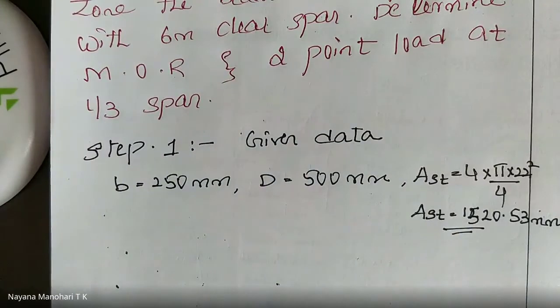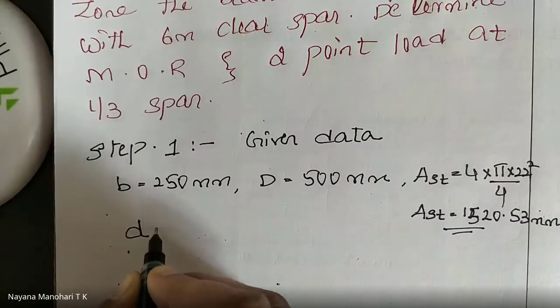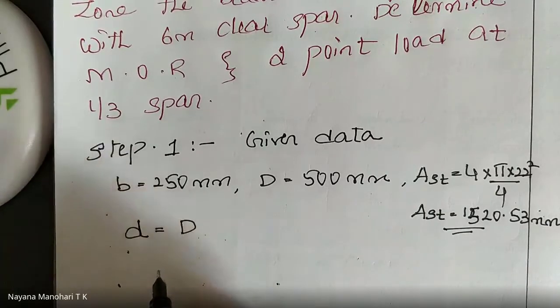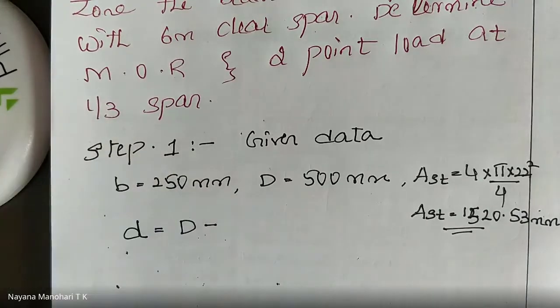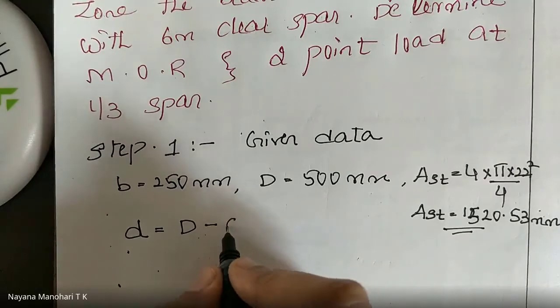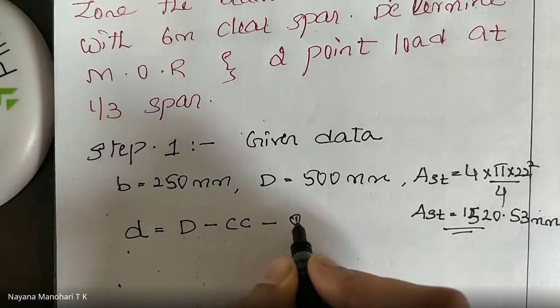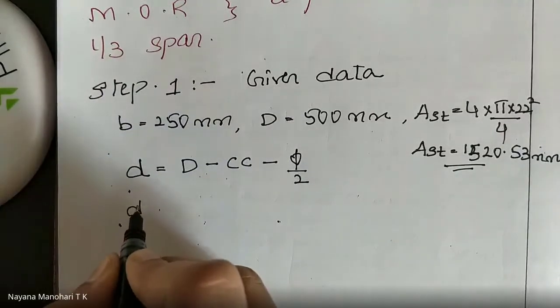Next, from that given data, what you can calculate? Effective depth, right? Effective depth, it is given by what? Overall depth minus effective cover. Effective cover, it is given by clear cover plus dia of that bar divided by 2. Calculate it.